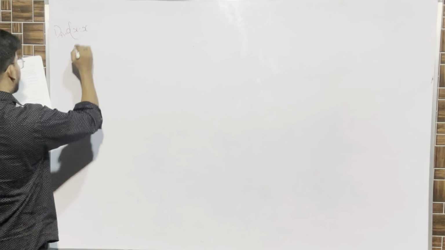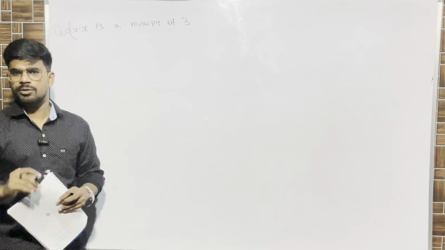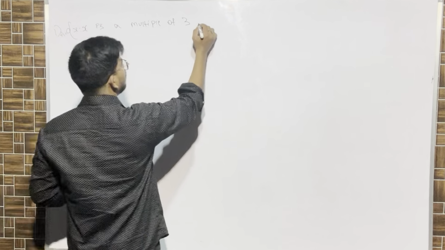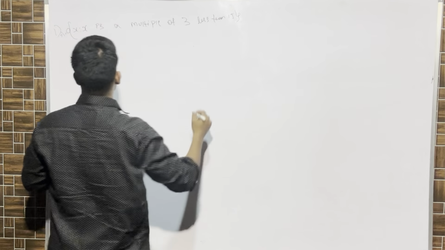Next, this question, x is a multiple of 3. Two sets are there. First question, A is a set wherein x is a variable such that x is a multiple of 3. Multiple of 3 in the sense it will go till infinity: 3, 6, 9. There has to be a certain limit to that, which is less than 15. This is the first set.